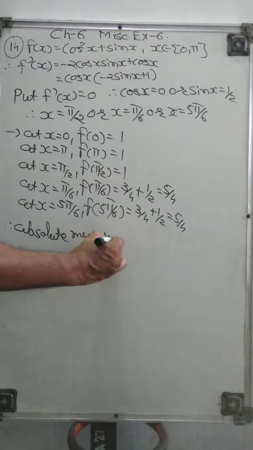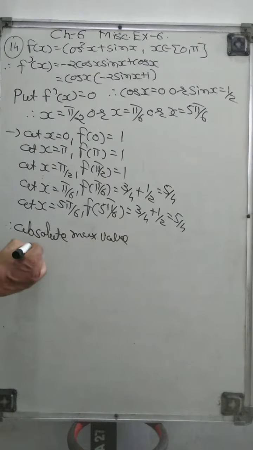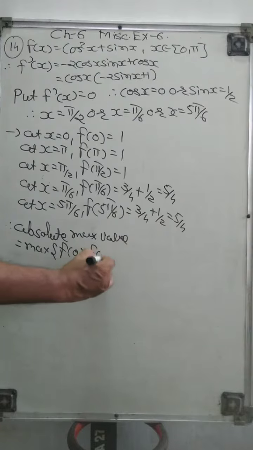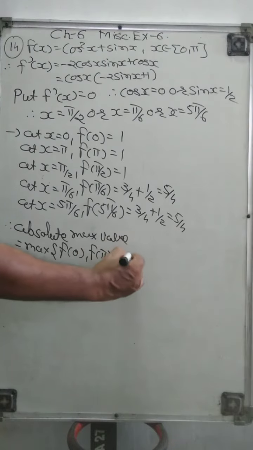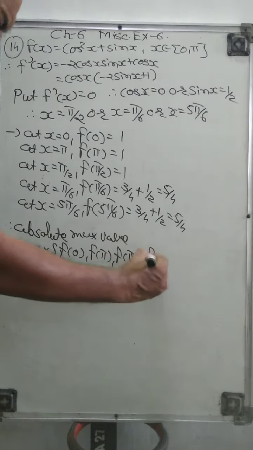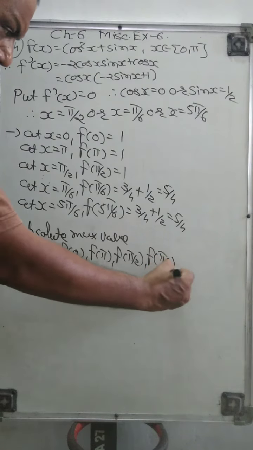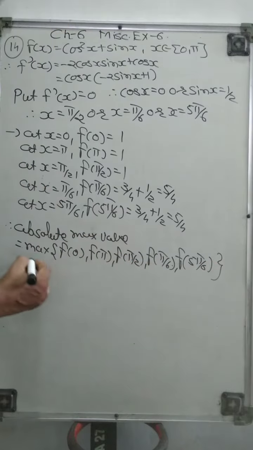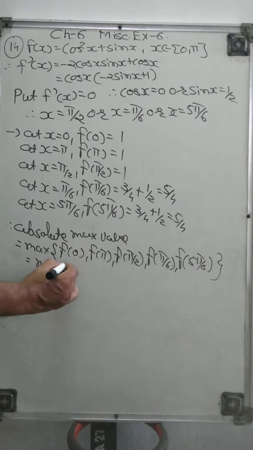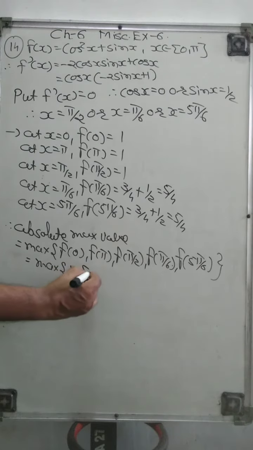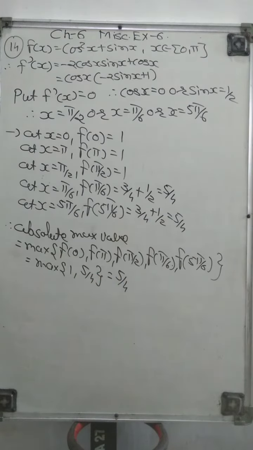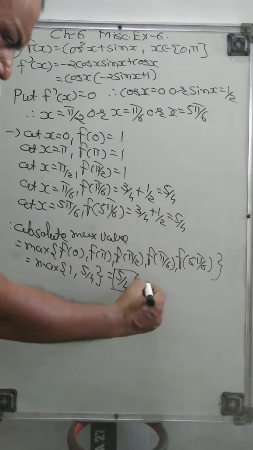So therefore absolute maximum value is equal to the maximum value of f of 0, f of pi, f of pi by 2, f of pi by 6 and f of 5 pi by 6, which is the maximum of 1 and 5 by 4, which is 5 by 4. Therefore the absolute maximum value is 5 by 4.